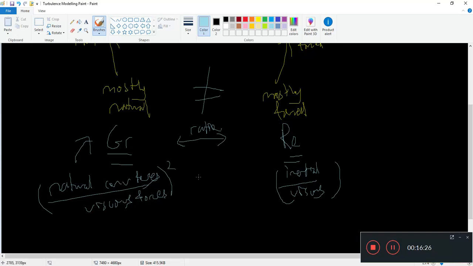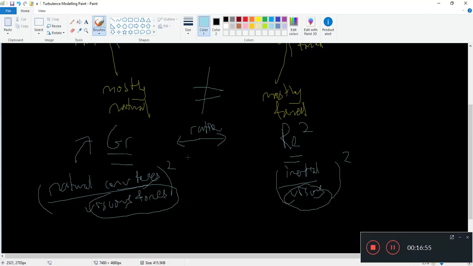So if you want a ratio between these two, you need to compare Grashof against Reynolds number squared rather than Grashof against Reynolds number, because the viscous forces are squared in the Grashof number denominator and are to the power of 1 in the Reynolds number denominator.